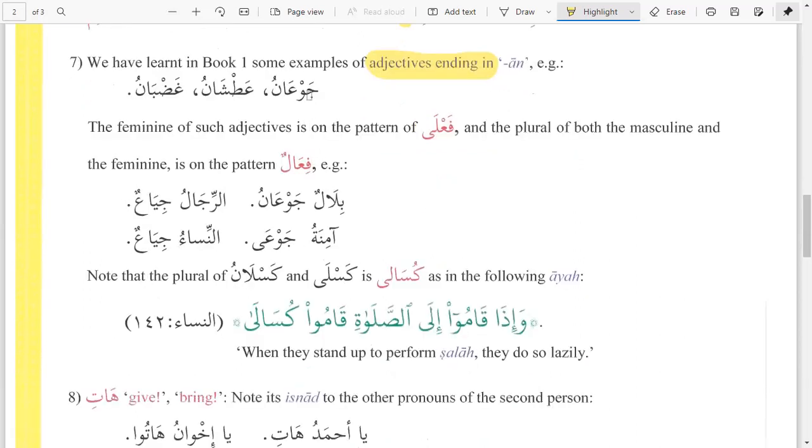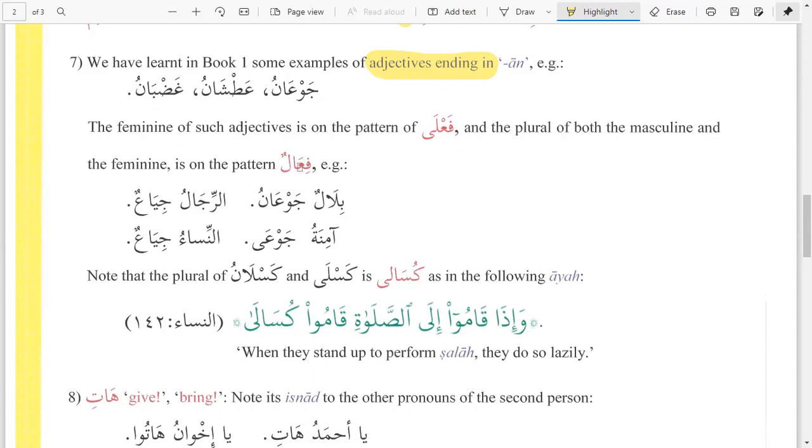They don't take tanween. The feminine of such adjectives is on the pattern of fa'ala. And the plural of both the masculine and the feminine is on the pattern of fi'alun.